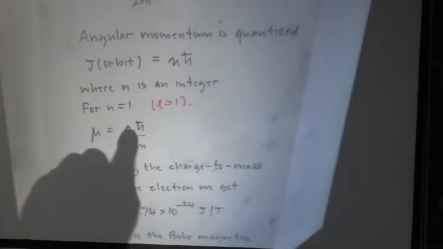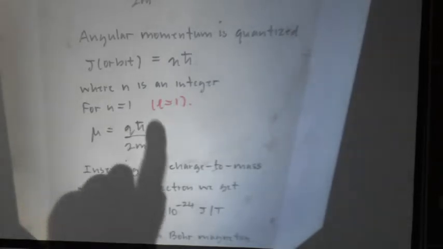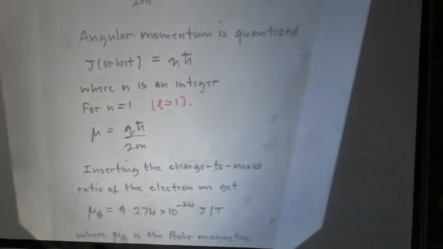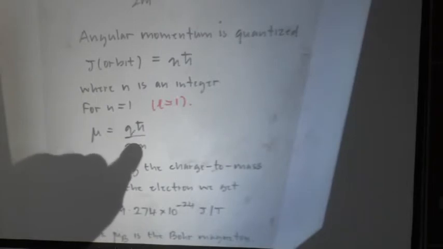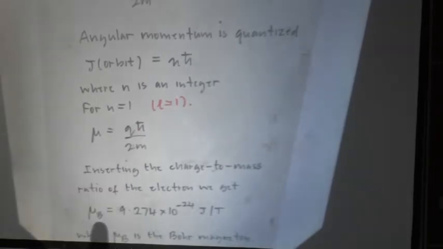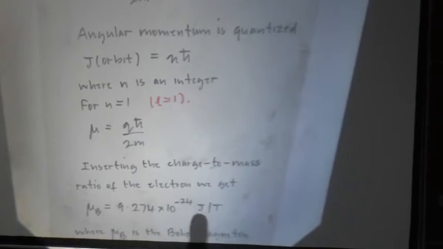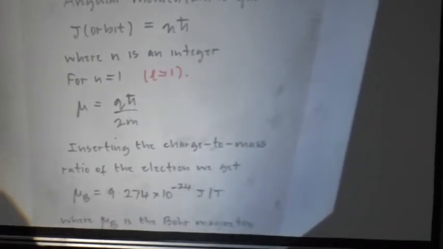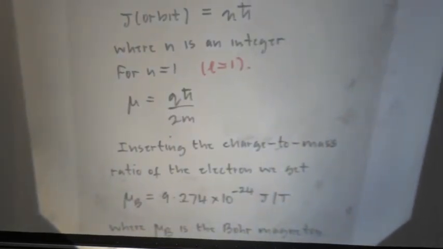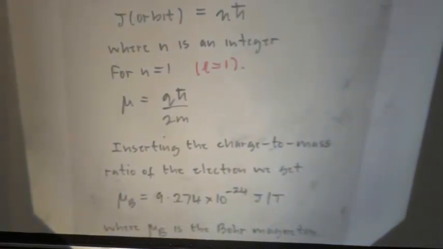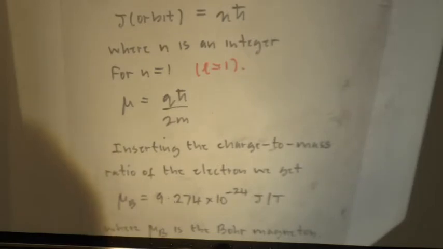And because this combination qh bar over 2m occurs so much when you study quantum mechanics, you just multiply the two fundamental constants, the charge to mass ratio of the electron by h bar, you get a quantity which gives you, if you like, joules per Tesla. That will be the amount that the energy is reduced for an electron in an external field in joules per Tesla, and it's called the Bohr magneton.